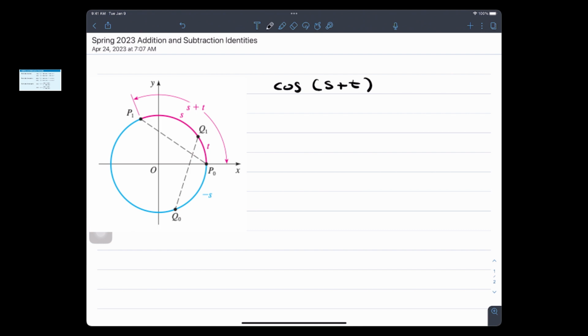Okay, and you've got these points Q naught, Q1, P naught, and P1. All right, so let's see what we can do with this. This is on our unit circle.